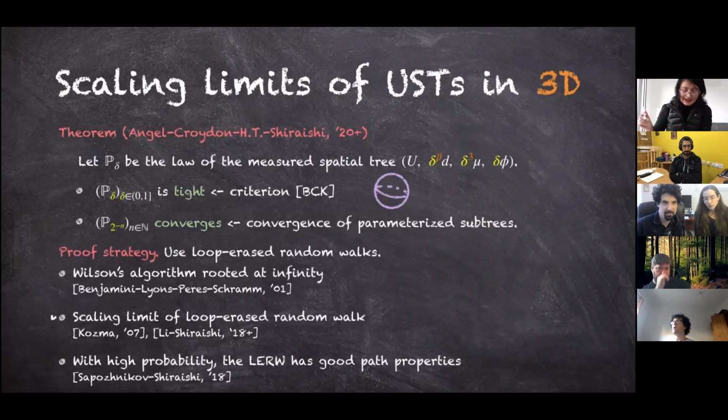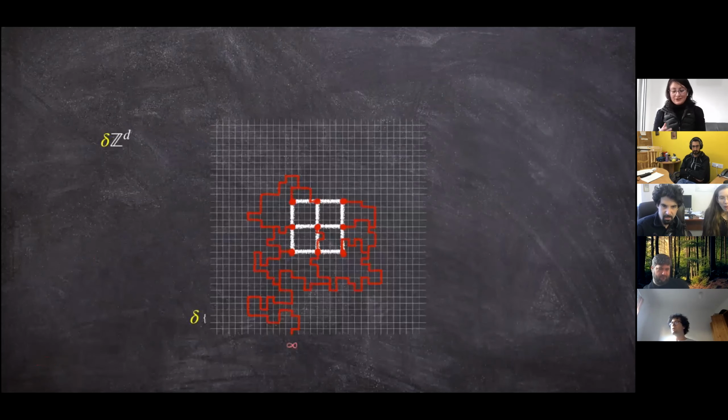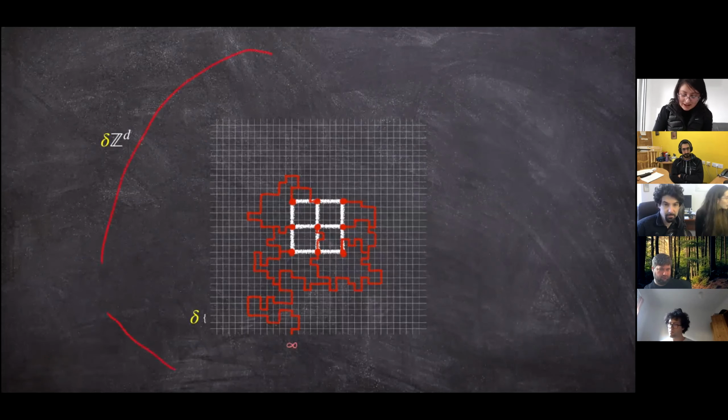So this is the scaling limit. We have seen Wilson's algorithm. And now I want to talk about what would be a good path property for the loop-erased random walk. And this is an indispensable ingredient to understand the arguments, because it is the following. As I am building up my uniform spanning tree on this scaled lattice, I want to construct this with loop-erased random walks with Wilson's algorithm.